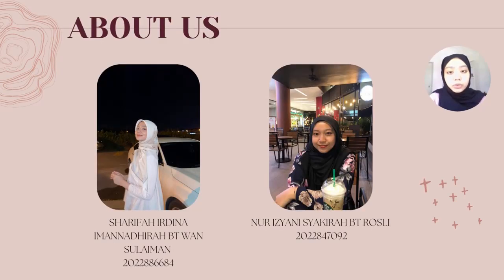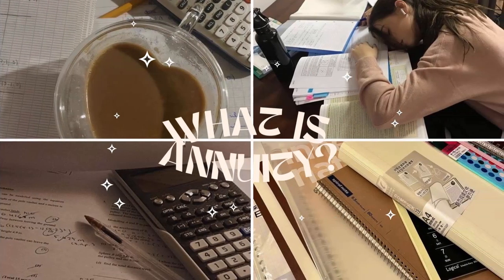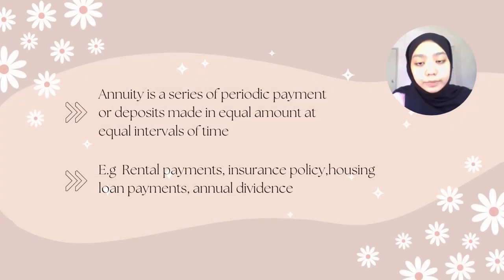I'm Syafiqah Irdina Imanadira binti Sulaiman, and my matrix number is 2022-886684. I'm going to present about chapter 6 and chapter 7, which is annuity and cash and trade discount. What is annuity?